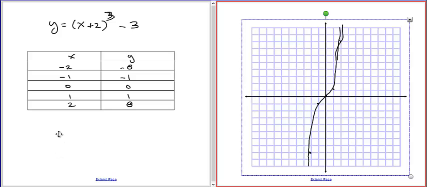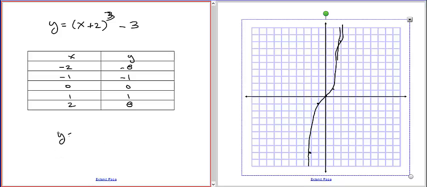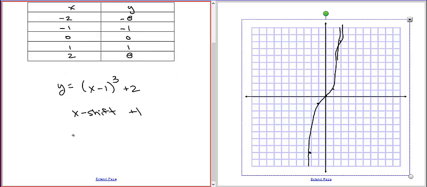So let's do one here. If you had (x minus 1) cubed plus 2, again, you're going to have an x shift of plus 1, and a y shift of plus 2.